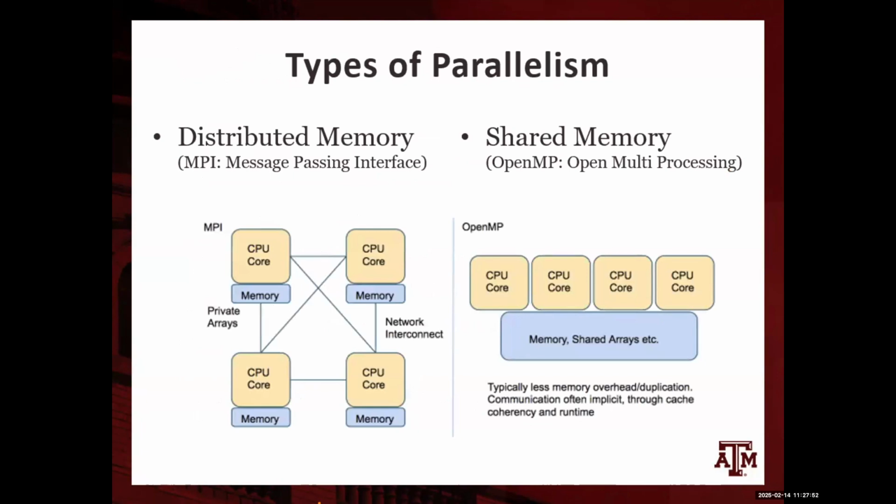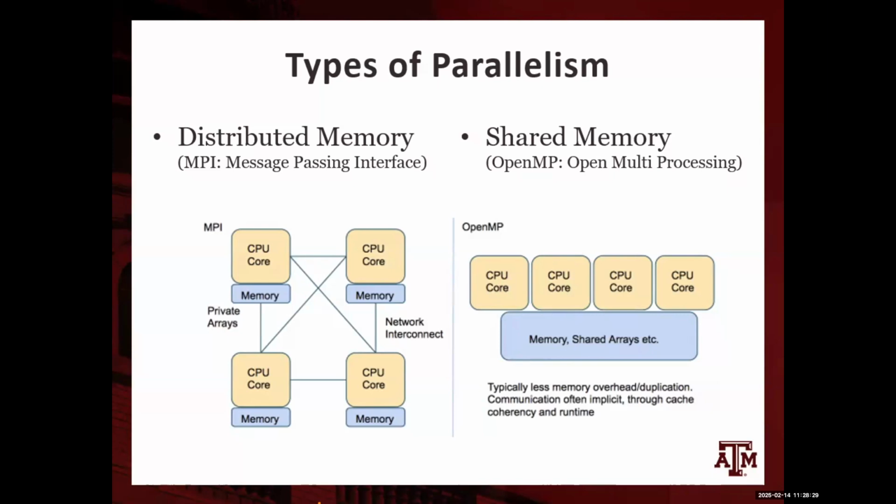Let me give you a general overview of the types of parallelism that we can have. In MPI, which is the standard for message passing interface, you have distributed memory systems. So you have a CPU with some memory, a CPU with some memory, a CPU with some memory, and all of them are connected together by your network interconnect.